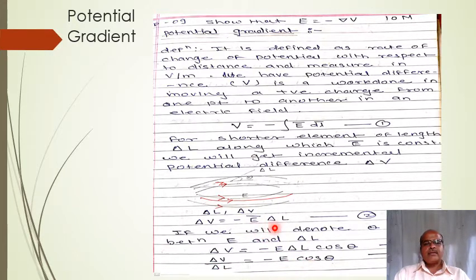This is simple vector analysis: when A bar and B bar are vectors and theta is the angle between them, the dot product is AB cos theta. Similarly, the dot product of E and del L is E del L cos theta. Taking del L to this side, we get this equation.